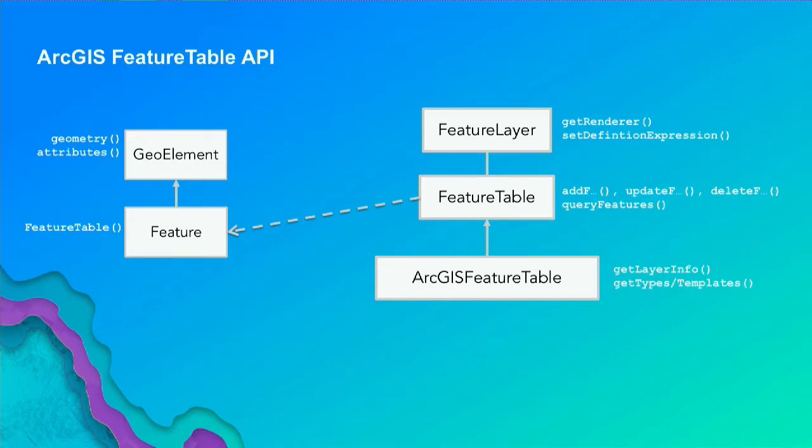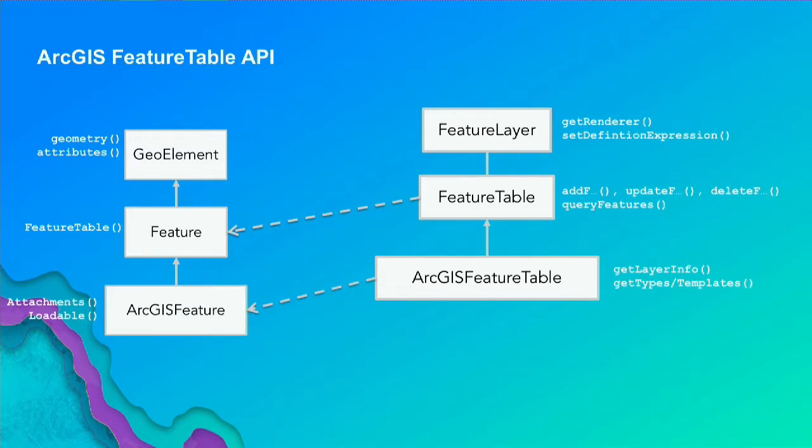So all of this comes in at the ArcGIS feature table. And then we also have a matching specialization with the ArcGIS feature, because again, we know the features coming from the platform support things like attachments.